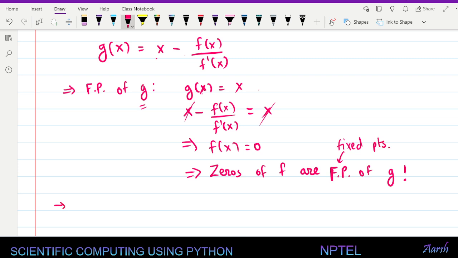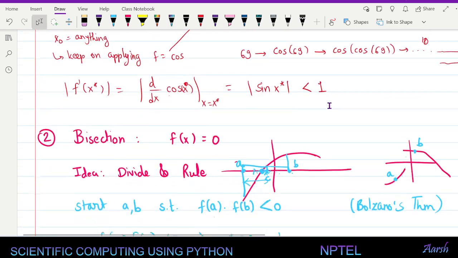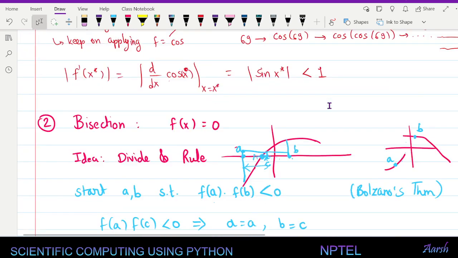And what about stability? What does it practically mean? Zeros of f are fixed points of g. It means that if you want to find zeros of f, what you can do is run this map again and again, just like what we did with cosine, if you remember.